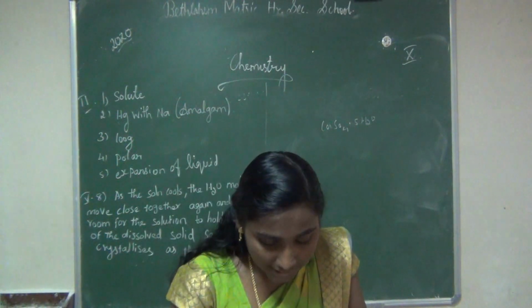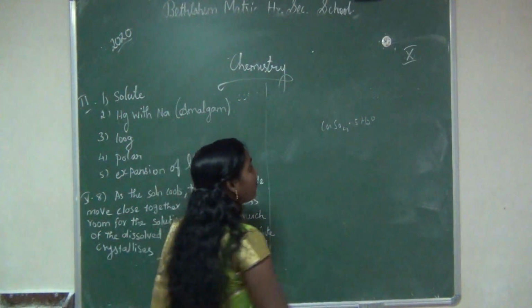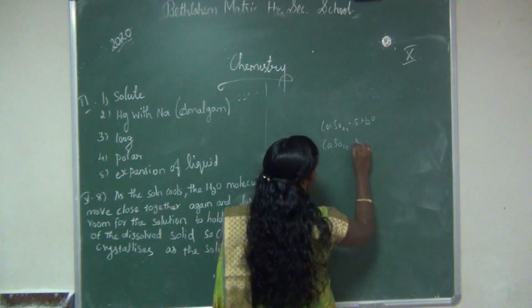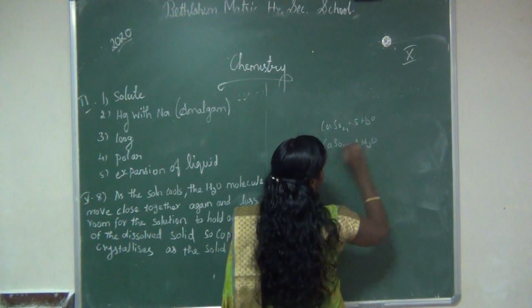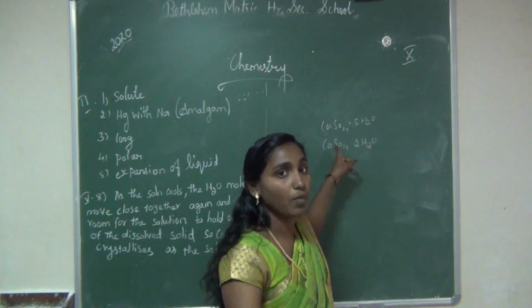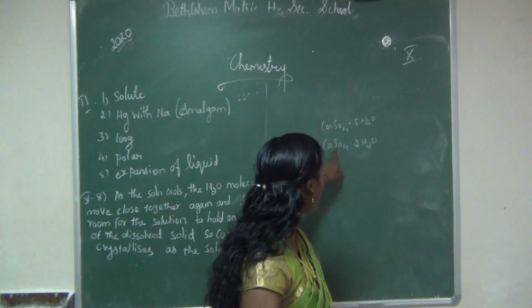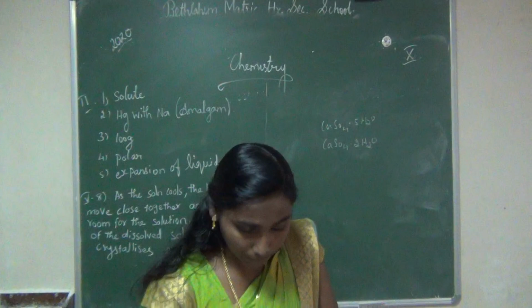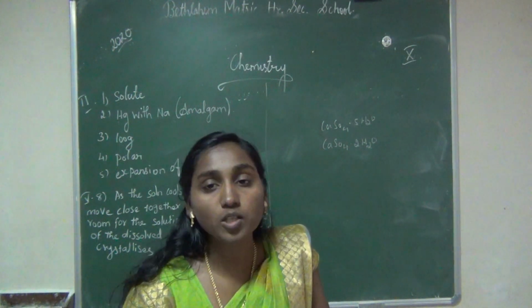Then second one, gypsum. Gypsum chemical formula, CaSO4 2H2O. Calcium sulfate dihydrate. Gypsum molecular formula, CaSO4 2H2O. Mark it. Then third one, deliquescence.